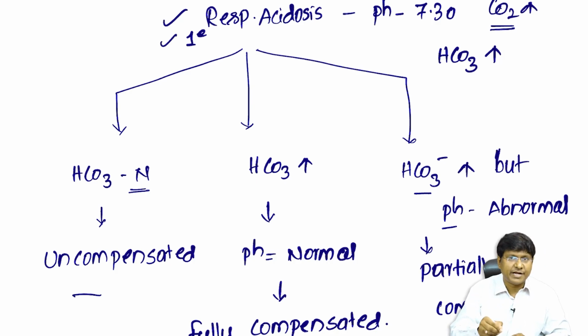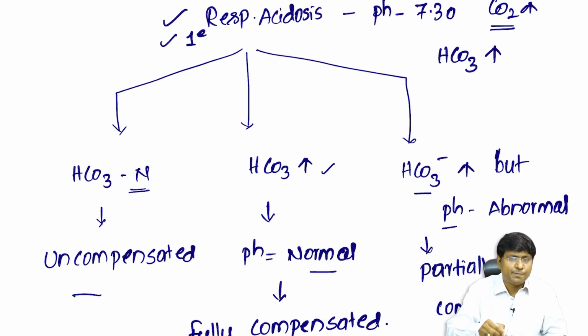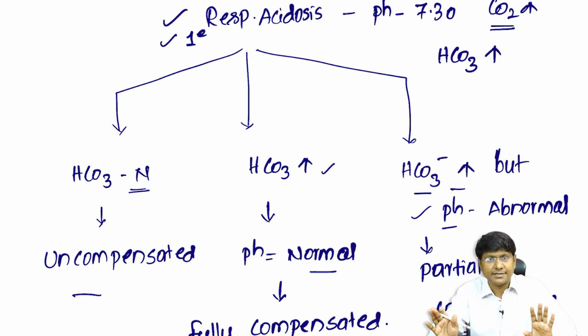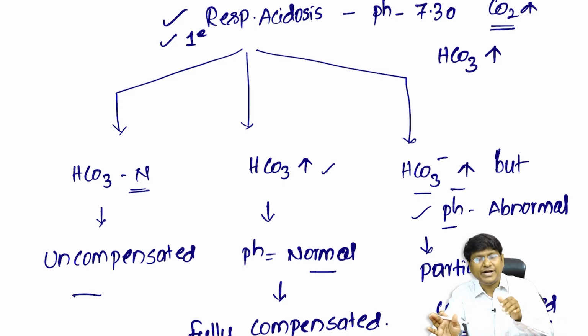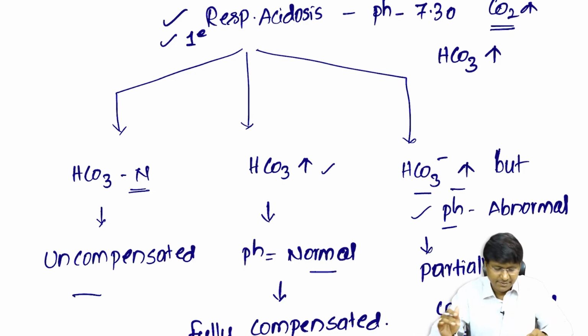If the bicarbonate is increased and the pH is normalized, we call it fully compensated. Whereas if the bicarbonate is increasing but the pH is abnormal, we call it partially compensated. So this is about when to call it uncompensated, fully compensated, and partially compensated. Next.